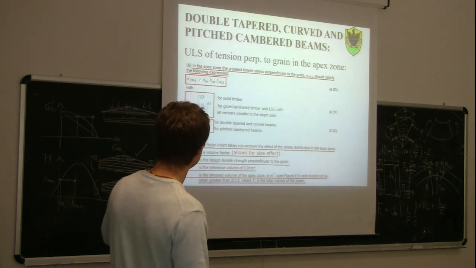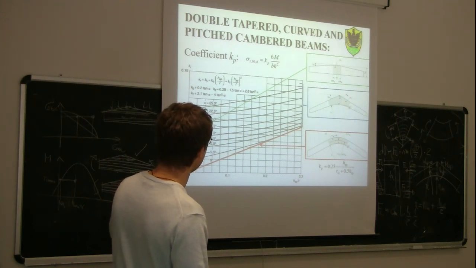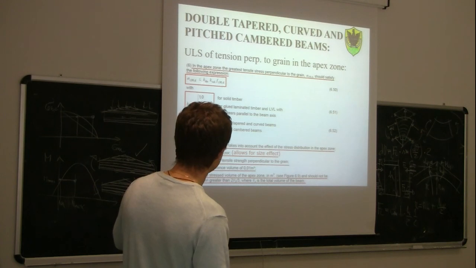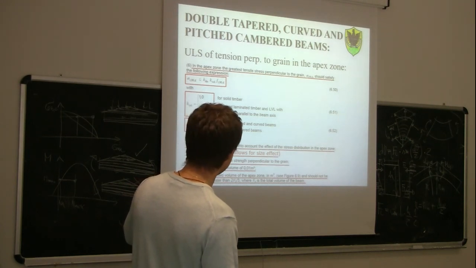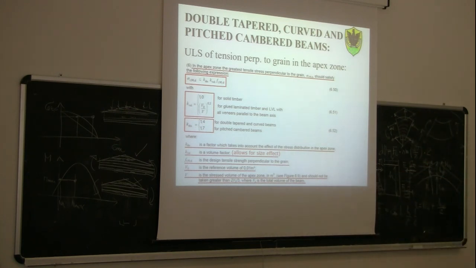Sigma T90D, which is what we calculated, Kp times 6M divided by b times h squared, shall be less than or equal to Ft90D, the design tensile strength perpendicular to the grain, times K volume, which is given by this relationship here, times K dis.